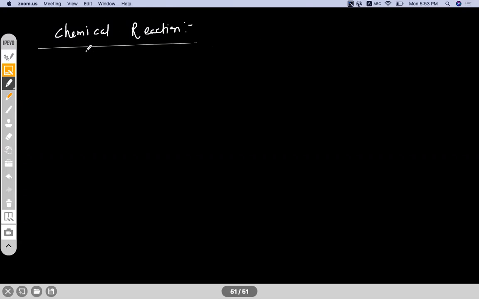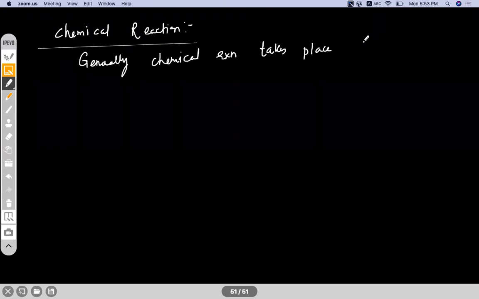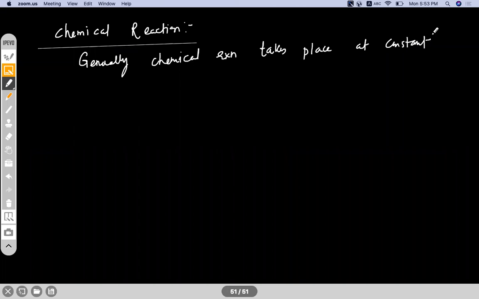Okay, so generally chemical reaction takes place at constant pressure and temperature.